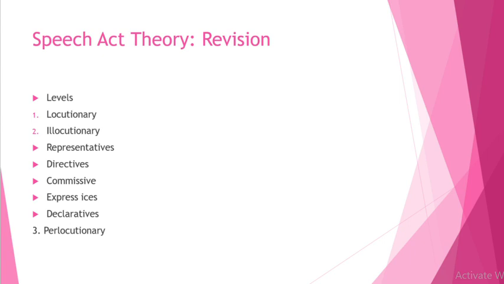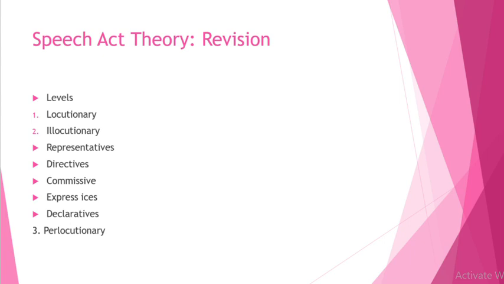So the first one is representatives. These are the acts which commit the speaker to the truth of the expressed proposition, for example, concluding or asserting. And then we have directives, and these are the attempts by a speaker to get the addressee to do something: questioning, requesting, begging, ordering, forbidding, instructing, warning, or urging.